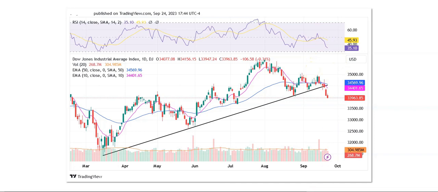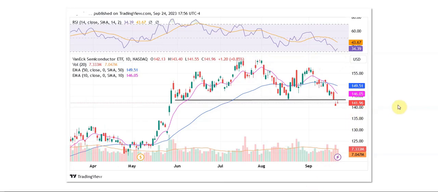Now let's see if we can find something to talk about in the sectors. One sector that's very followed is the semiconductor ETF, SMH. I drew a support level here back from early June. It hit it again in mid-August.